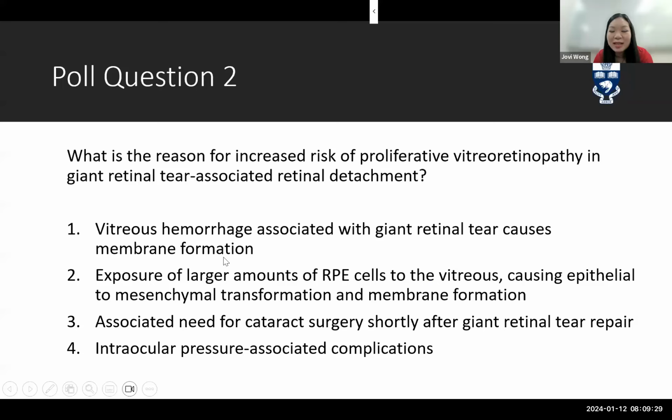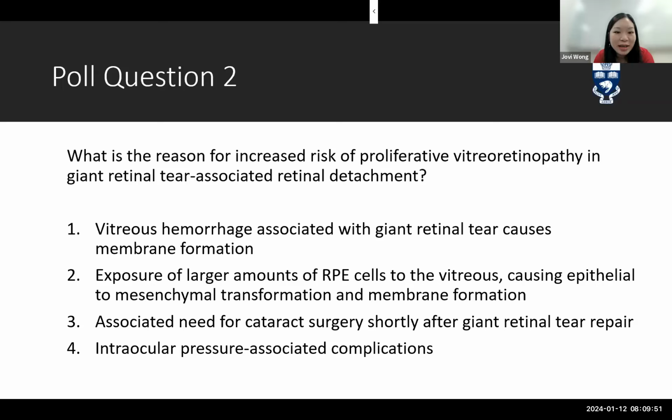So this brings us to our next poll question. This one's a bit longer, so I'll get started reading it. Essentially, what is the reason for increased risk of proliferative vitreoretinopathy in giant retinal tear-associated retinal detachment? As we mentioned, this is one of the additional risks with giant retinal tears compared to regular retinal tears.